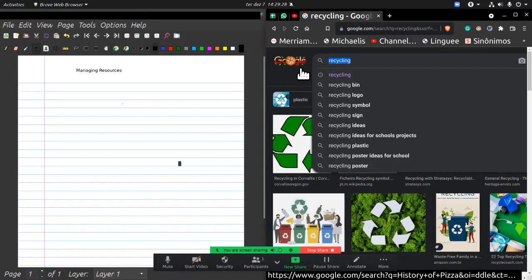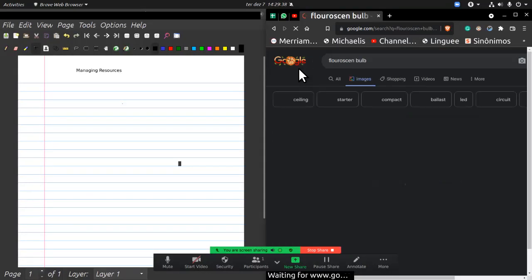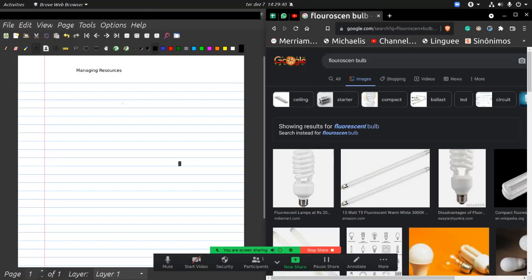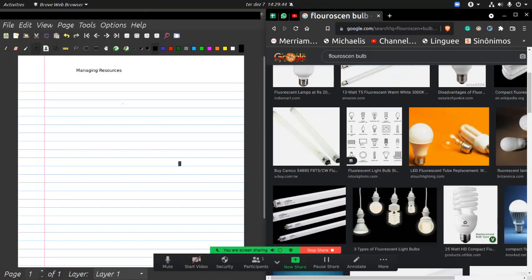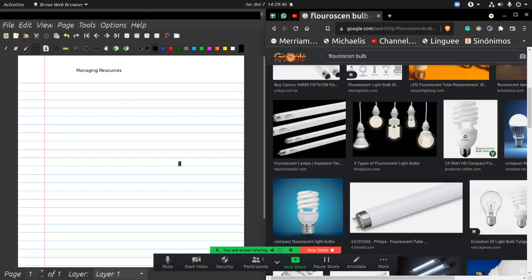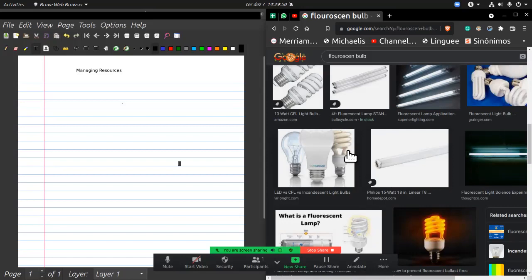We can make things more compact. For example, the fluorescent bulb is more compact than this incandescent over here, which was the first kind and was very hot.